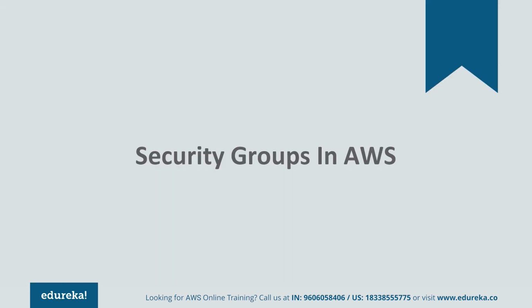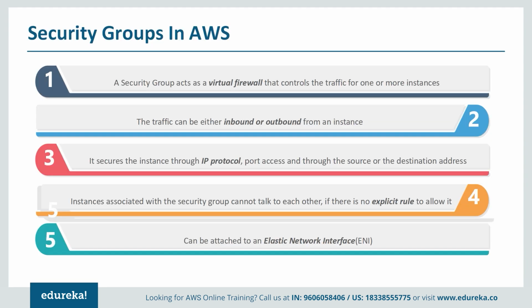With respect to security, we have security groups that operate at the compute layer, or at your instance level. Security groups act as a virtual firewall that controls both incoming and outgoing traffic. All you need to do is specify within the security group for which protocol, which port number, what is the source and what is the destination you want the traffic to be allowed.